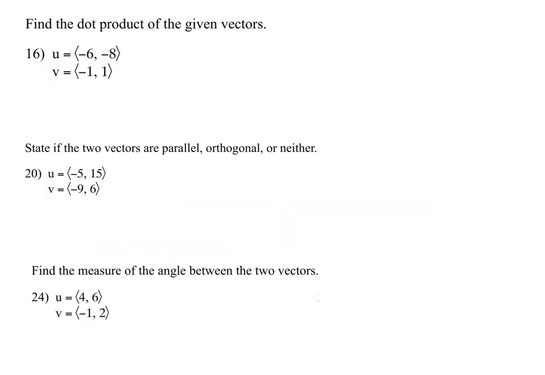Questions on dot product. These you just need to know. I think these are on page 500 somewhere. Dot product is just the x of your first one times the x of your second one, and then you add the y of your first one times the y of your second one.